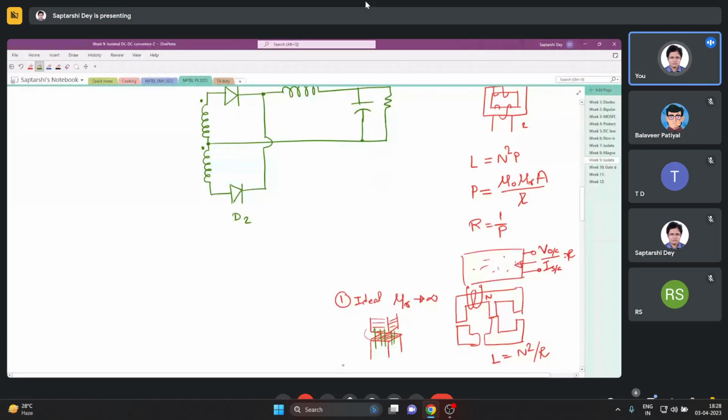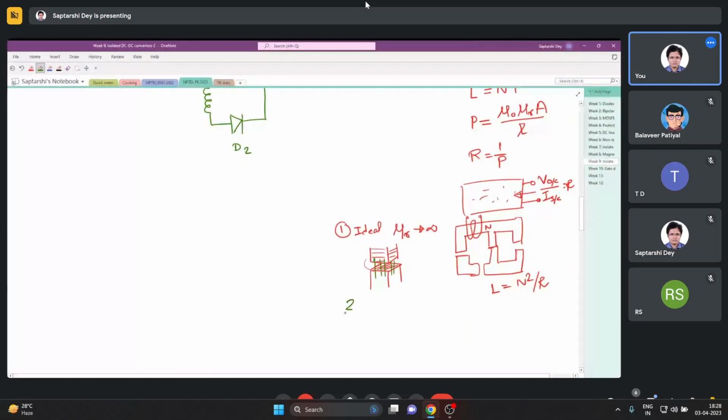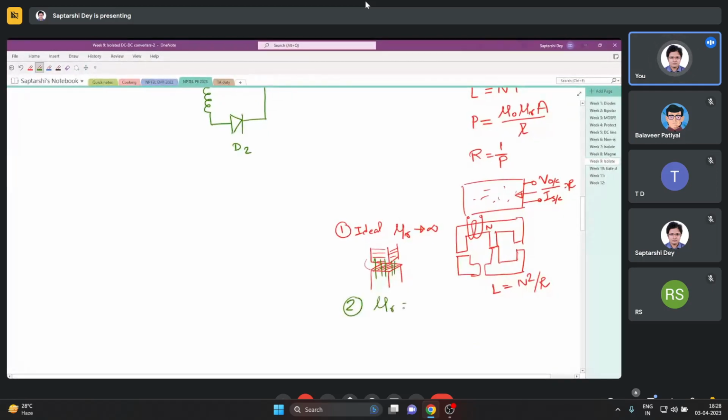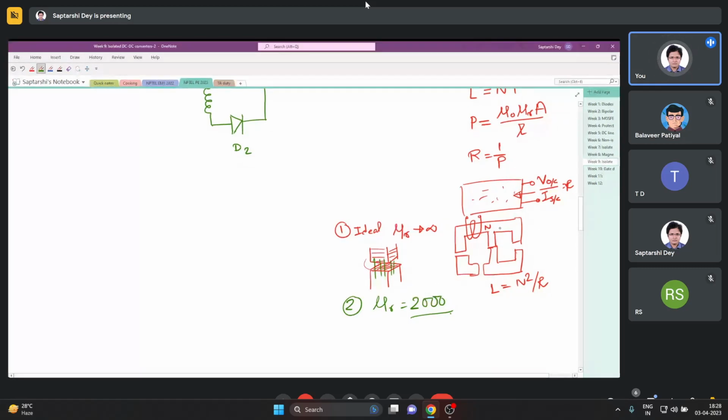Now in the other case, if you consider a non-ideal mu r, maybe somewhere around 2000, which is also very large, you can also calculate the reluctance offered by the core.